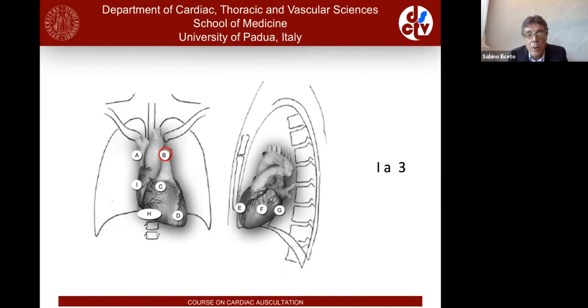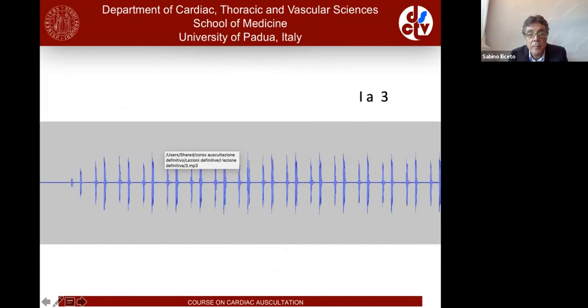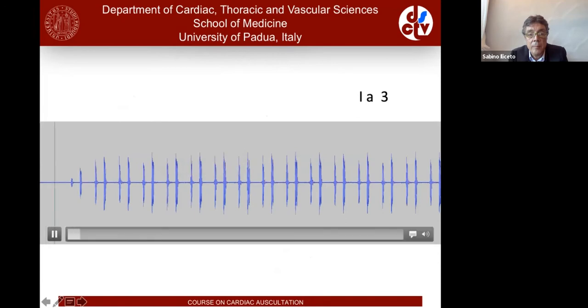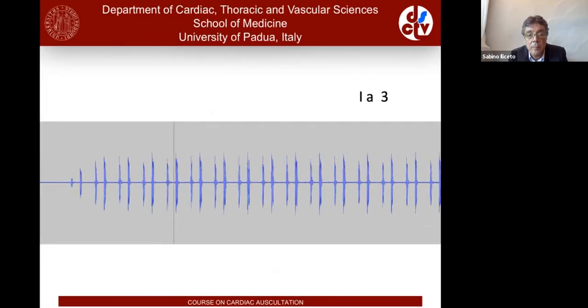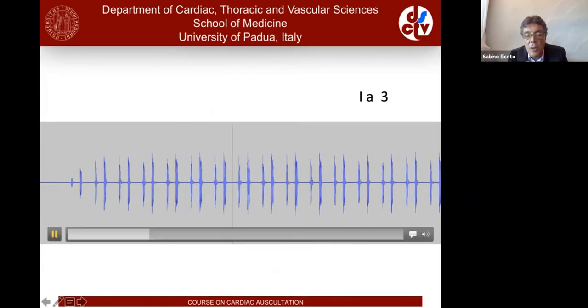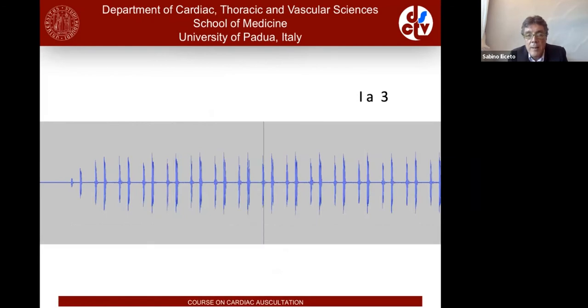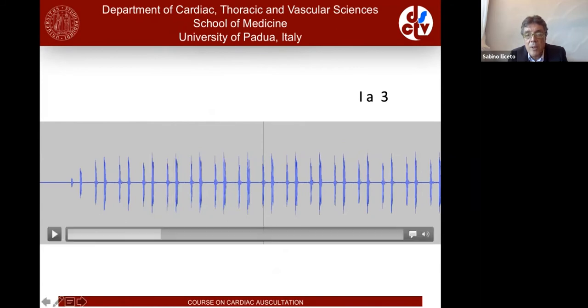Okay, now we go on the pulmonic area where the splitting can be appreciated. I shall return on these two beats, because here you can see that there is first sound, second sound, first sound, second sound, but the second sound is a little bit wider with two components, differently from what happened before.